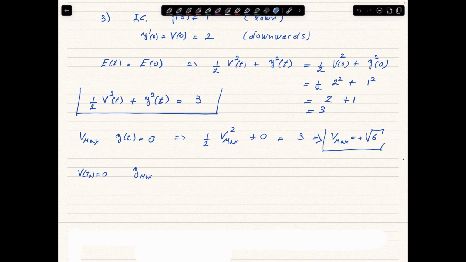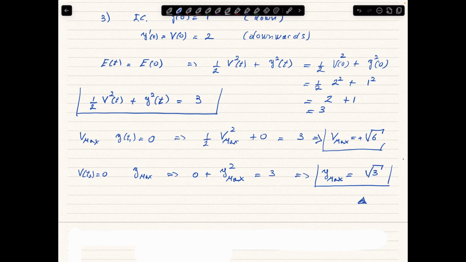Because this term is going to be maximum when the other is the lowest possible, and because of the square, the lowest possible is when it's 0. So we have 0 plus y maximum squared still equal to 3. So the maximum displacement has to happen at plus or minus square root of 3. This is how we can use the mechanical energy to solve some problems.